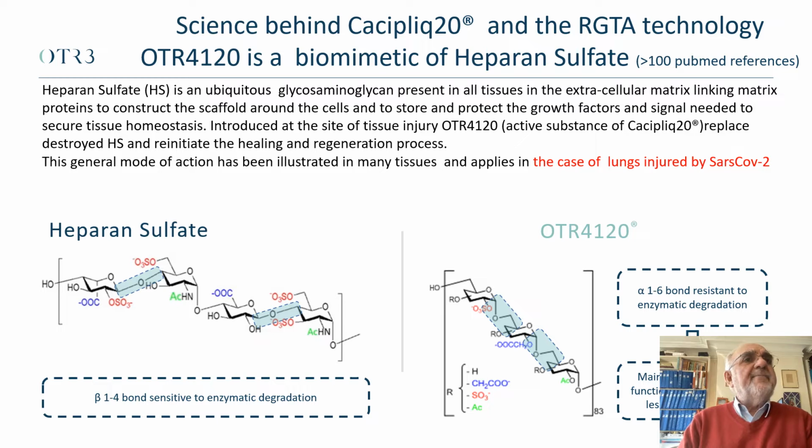The link in normal heparan sulfate is sensitive to glycanase degradation, while here we change into an alpha-1,6 which resists heparanase, so that it will maintain the structure, it will resist glycanase, it will allow the growth factors to be stored and protected again, and therefore it will restore a microenvironment that will favor the process of tissue regeneration and repair. So by using this biomimicking approach, we will preserve the natural information of the microenvironment of the cell of the injured tissue and restore the conditions for a regeneration process.